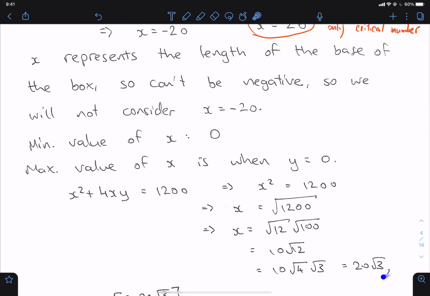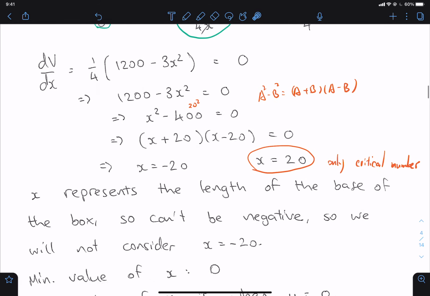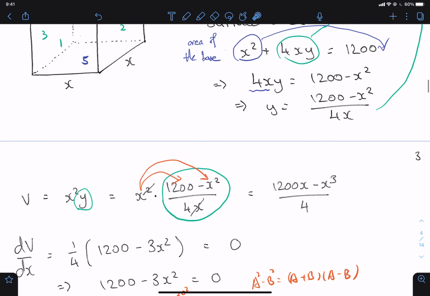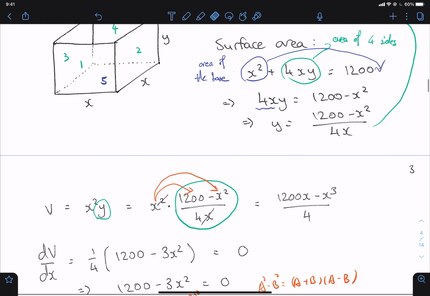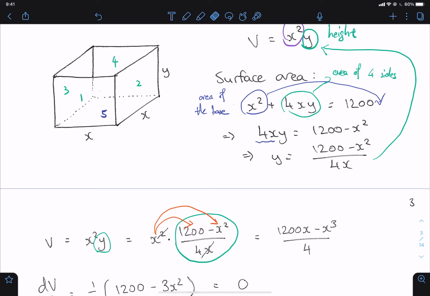If you think that is a little confusing, you can go back to the original function: we must have y greater than 0.